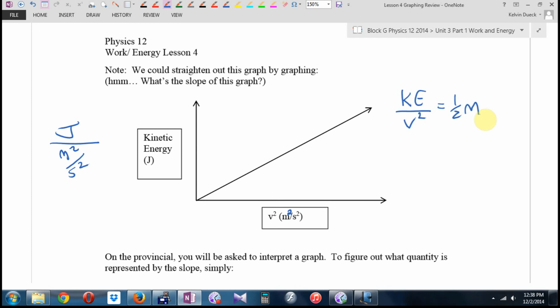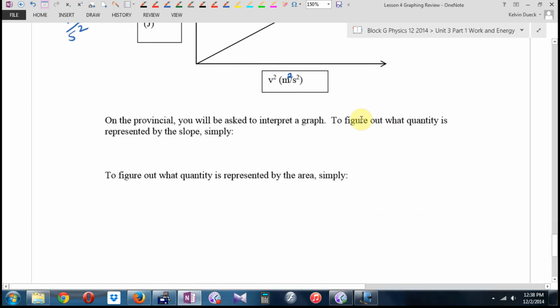So if it's slope, divide the units or divide the variables, and you will always be able to figure it out. If it's an area, even if it's a curve, multiply the units or multiply the variables, and you'll be able to find an equation that contains it and figure it out.